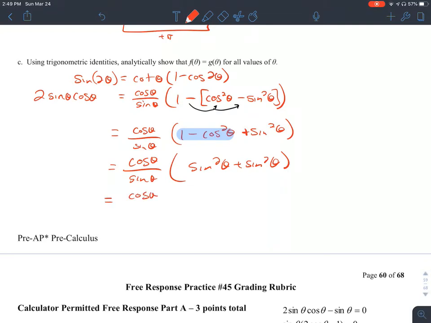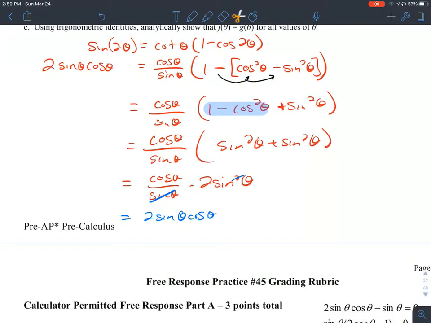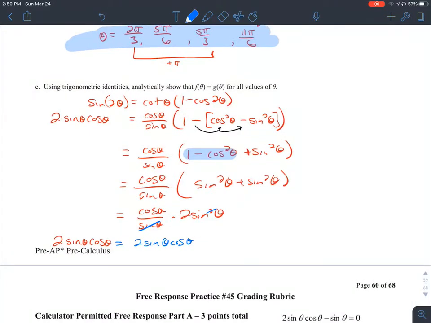So that's cosine of theta over sine of theta times 2 sine squared of theta. We cancel a sine from the top and bottom. That makes this 2 sine of theta cosine of theta, and that's what we had for this left side after the first step. So finished. Excellent.